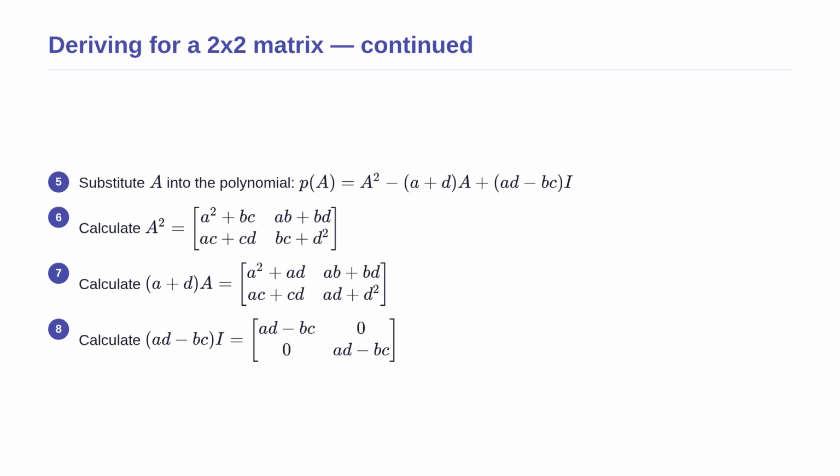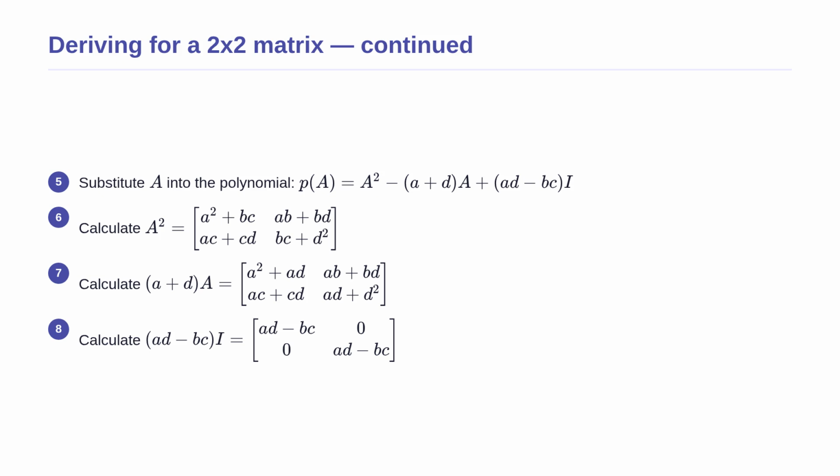Moving forward, we substitute our matrix A into the polynomial we just derived. Remember, we must multiply the constant term by the identity matrix so that all terms are matrices of the same size. The mathematical reasoning here is to evaluate each piece separately. First, we multiply matrix A by itself to find A squared.